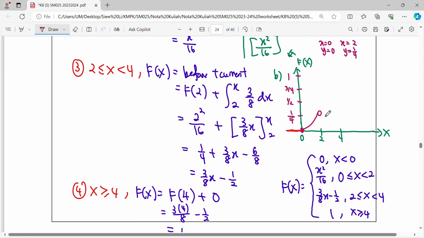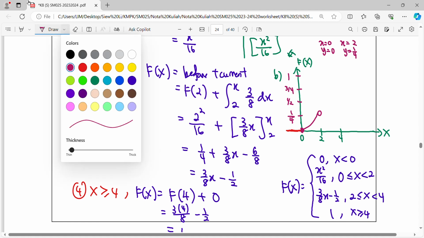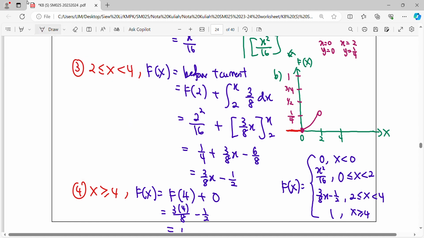Then for the third piece, when x equals 2, we substitute to find your starting point. What's your coordinate? You put here 1 over 4. So they are joining.